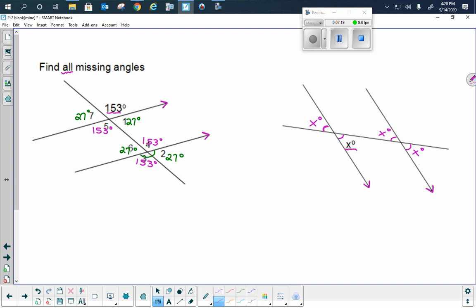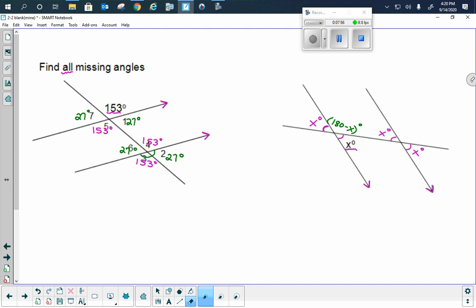And likewise, if you go back and do what we just did on the last one, there's a half circle. That means it's a straight angle. And how do you find the supplement of, well, when it was 153, you did 180 minus 153. How do you find the supplement of X? You should be doing 180 minus X. And therefore, this angle is quantity 180 minus X, quantity degrees. Now I will get rid of that so I don't confuse you.